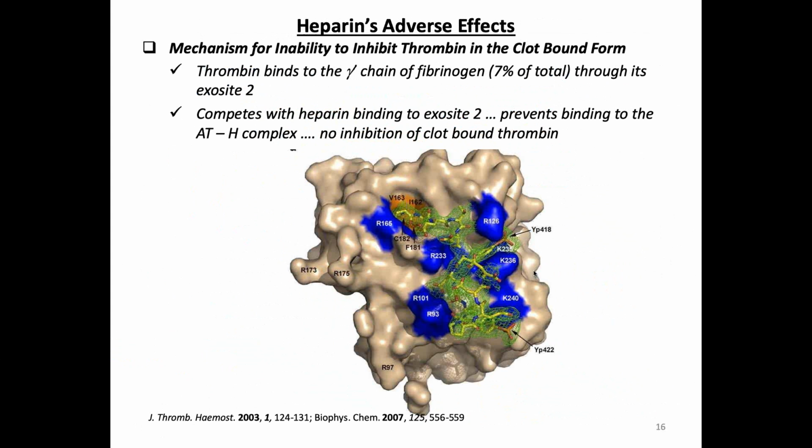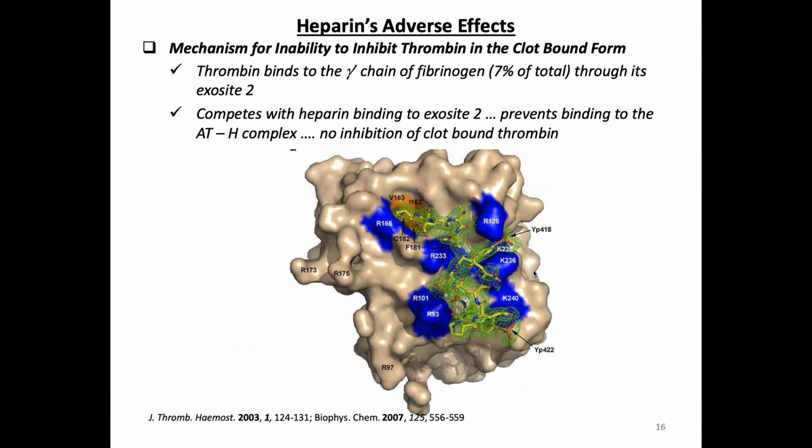Yeah? All right. How is heparin not able to inhibit thrombin in the fibrin-bound form? It turns out this is thrombin. Thrombin has an exosite which is called heparin binding exosite, or exosite 2.